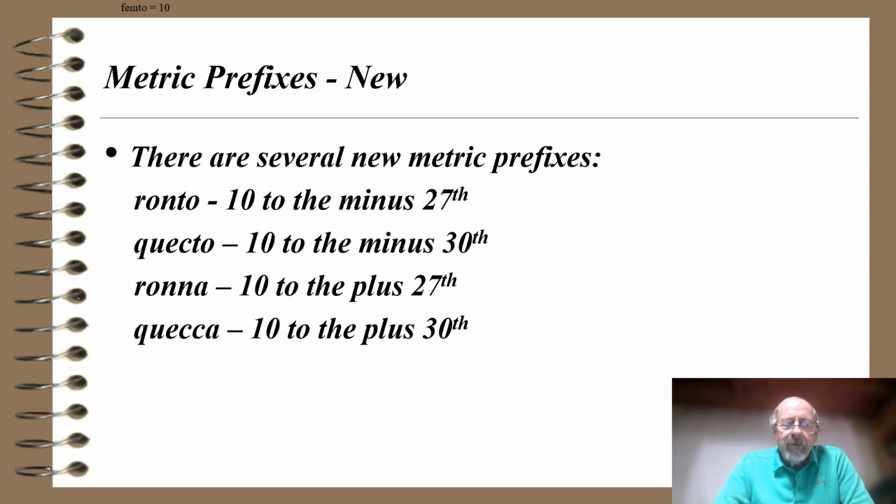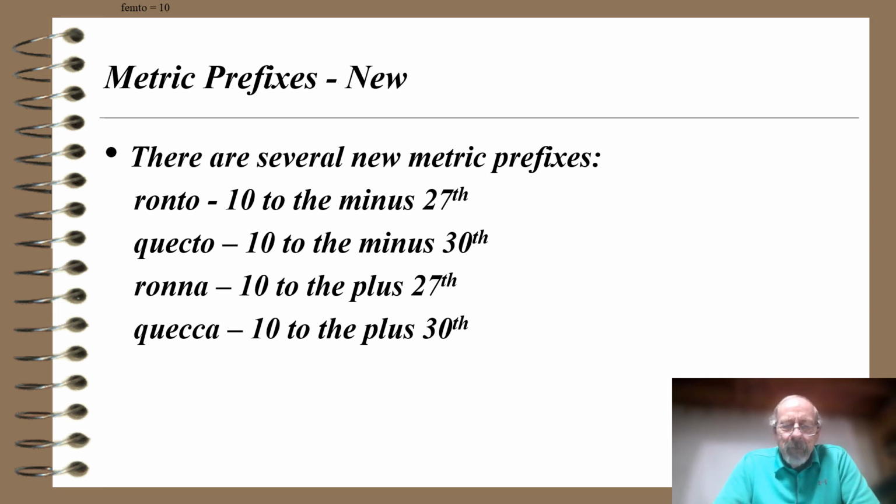Now, the date on this says 2023. As of 2023, we've come up with some new prefixes. We've had to invent some new ones. There's ronto, which is 10 to the minus 27th power. There's quecto, if I pronounce it correctly, 10 to the minus 30th. On the other side of that, there's ronna, 10 to the plus 27th, and quetta, 10 to the plus 30th.